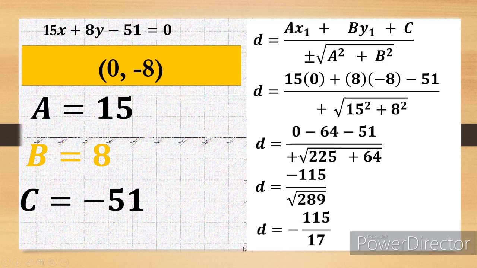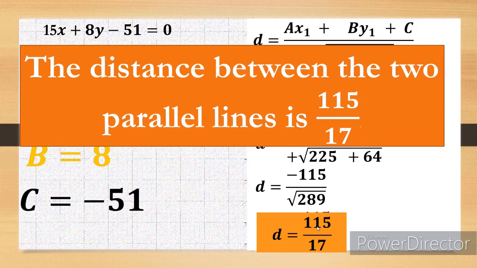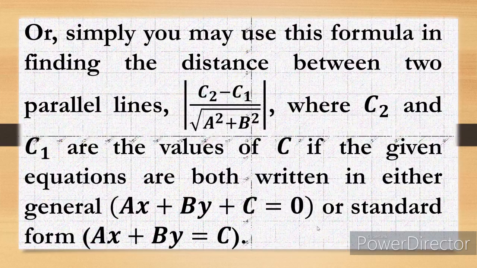But take note, kagaya ng sabi sa problem, find the distance of the two parallel lines. So ang hinahanap lang natin yung distance ng two parallel lines na meron tayo. So we will take the absolute value of our answer. So for our final answer, we have 115 over 17. Okay? So the distance between the two parallel lines is 115 over 17.